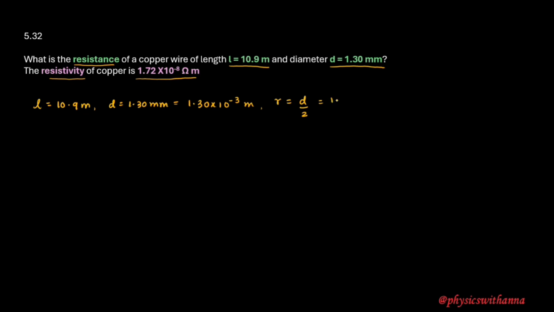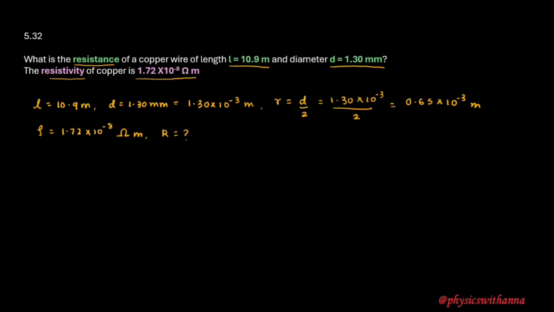So we write 1.30 times 10 to the power negative 3 over 2. That gives me the radius as 0.65 millimeter. Then we have the resistivity of the copper, which is rho, 1.72 times 10 to the power negative 8. And we need to find the resistance R.